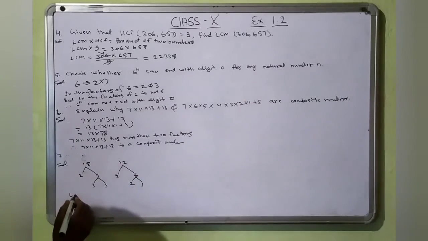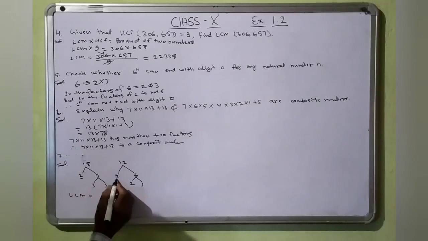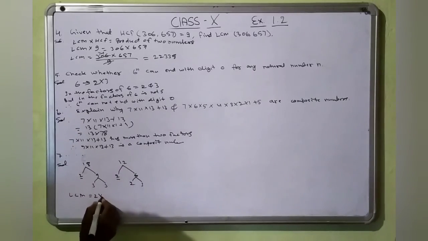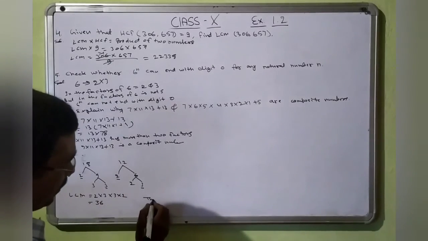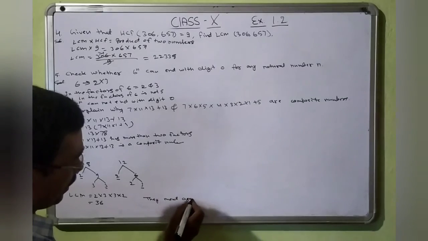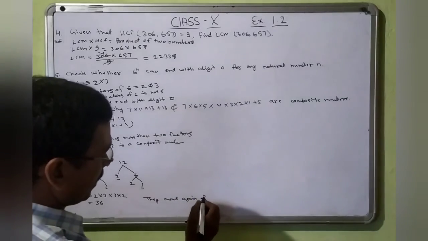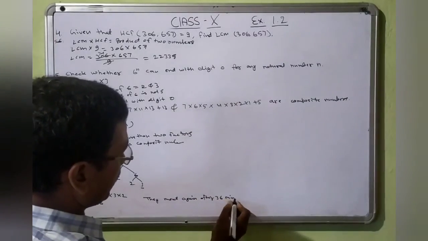So LCM is equal to, see that this 2 is common, this 3 is also common, and then 3 and 2 are left. So 2 times 3 times 3 times 2 is 36. So they meet again after 36 minutes. Okay.